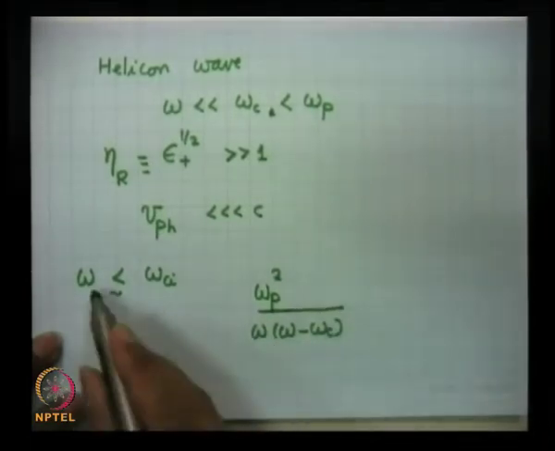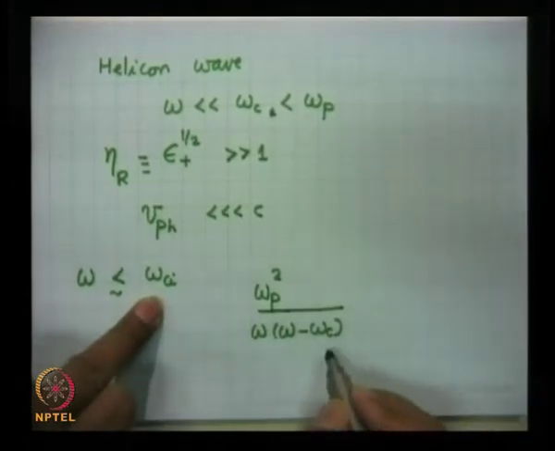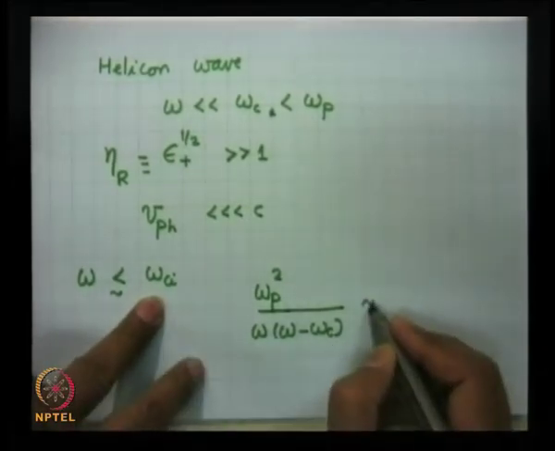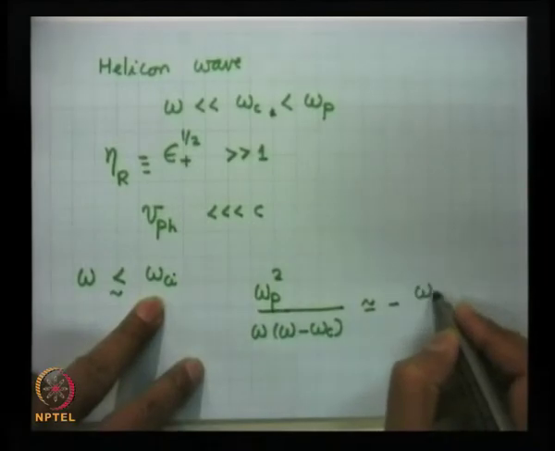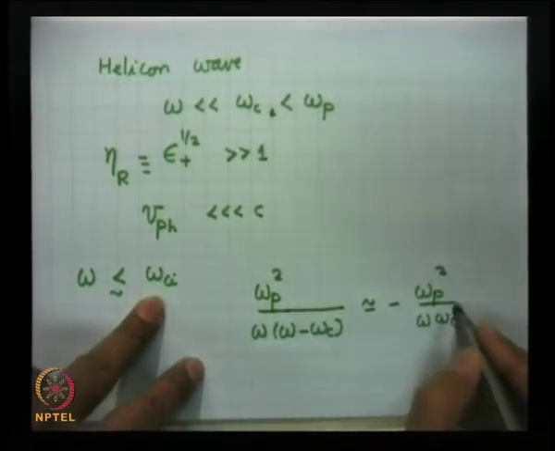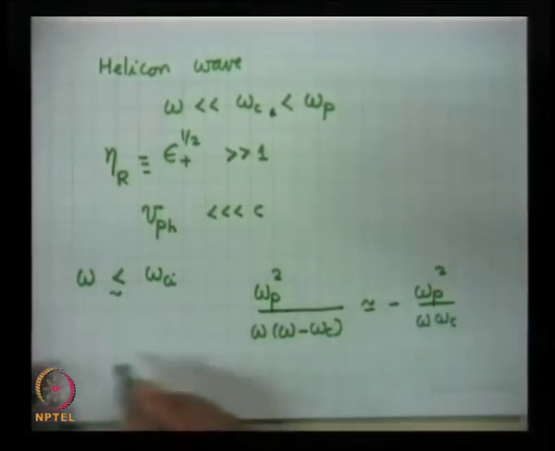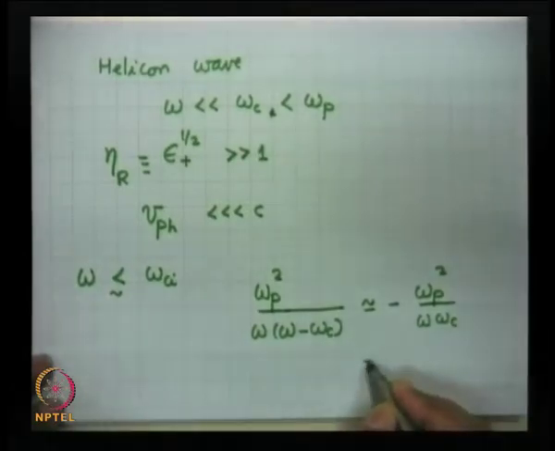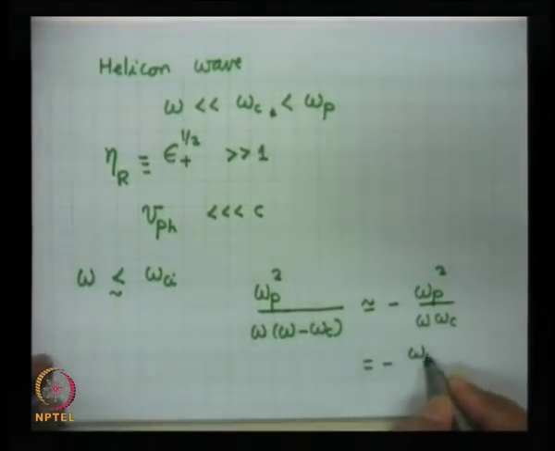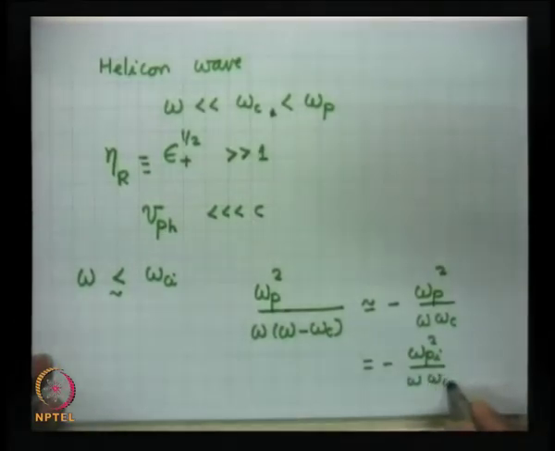Now, because your frequency is less than the ion cyclotron frequency, it means it is much less than omega c. So this is of the order of minus omega p square upon omega c. But omega p square by omega c is the same thing as omega pi square upon omega ci.